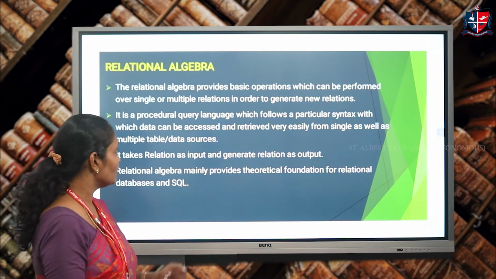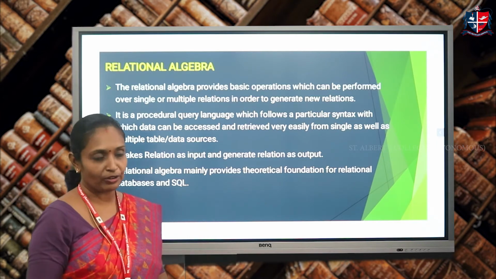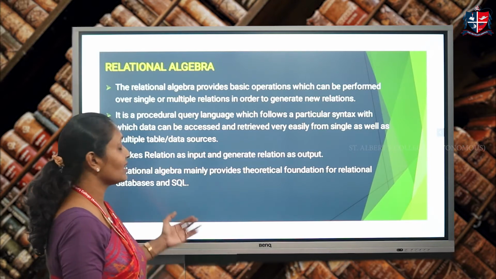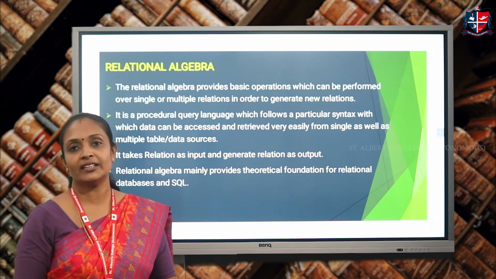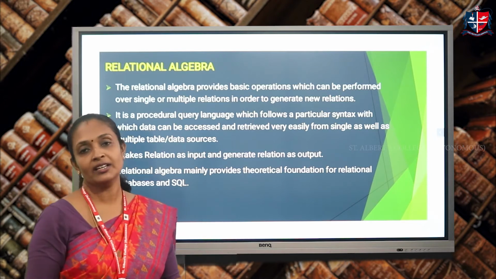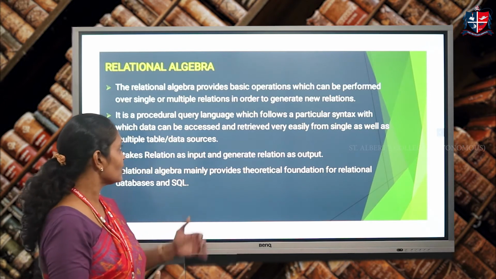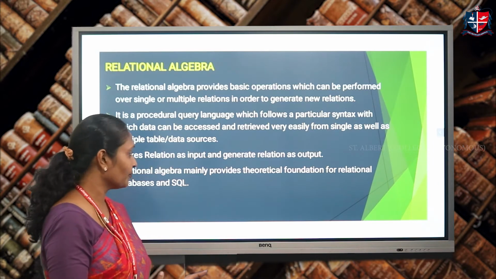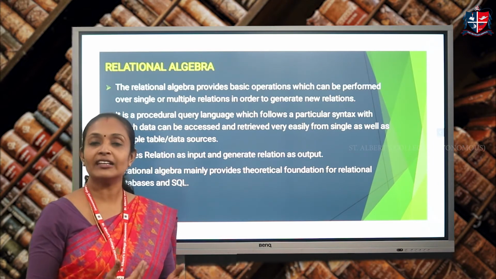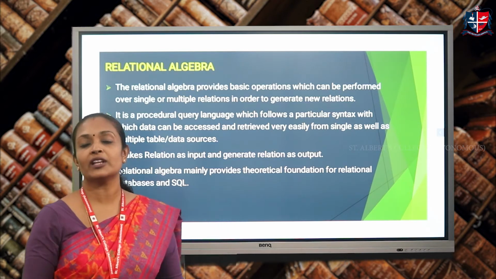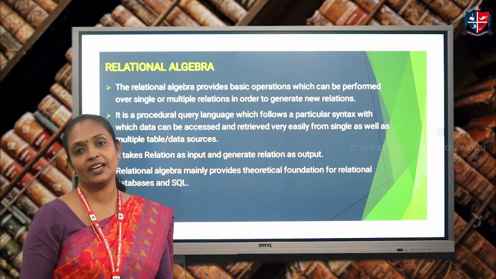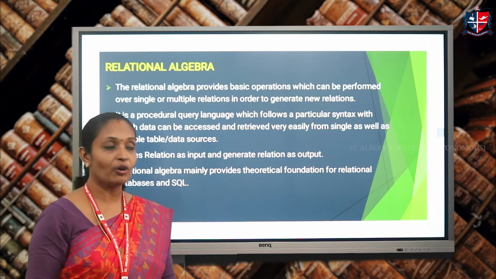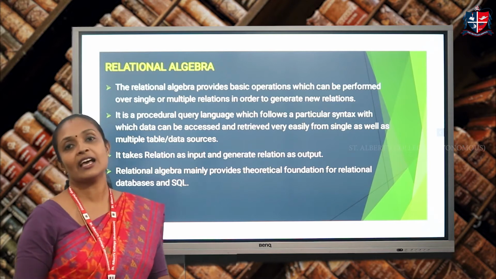So relational algebra is a procedural query language which follows a particular syntax, and with that syntax we can access all the data which is stored in the database. In relational algebra, it takes a relation, that is the table, as the input, and it processes, and finally it gives the output as a relation, or we can say in the form of a table. So it provides a theoretical foundation for the relational databases and SQL.